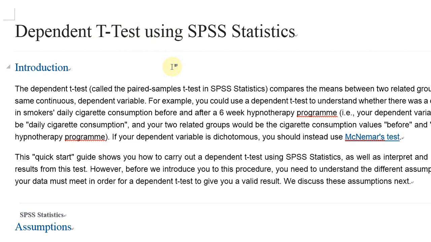We should meet the assumptions to run the program because the assumption is a basic requirement of the program, right? If your data do not meet this requirement, you cannot proceed; you cannot implement the program or analysis.